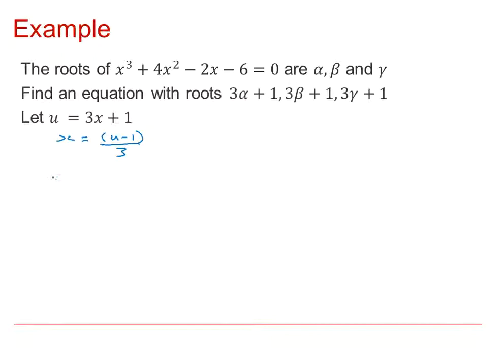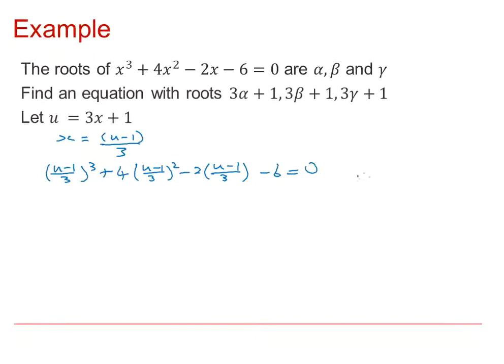So I'm now going to substitute for x in the original equation. So that's u minus 1 over 3 cubed plus 4 u minus 1 over 3 squared minus 2 lots of u minus 1 over 3 minus 6 is 0.